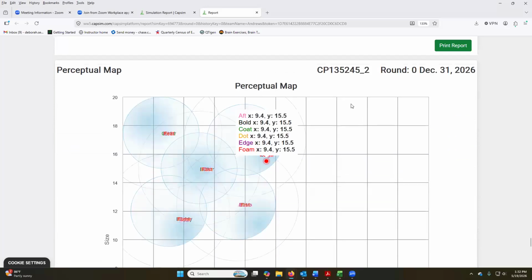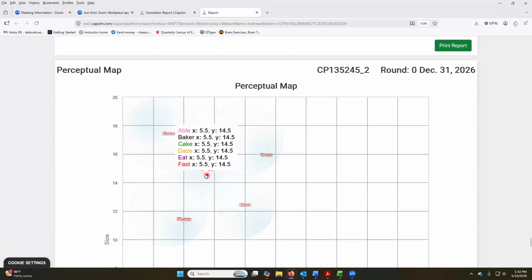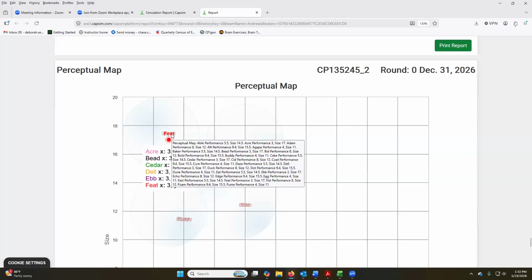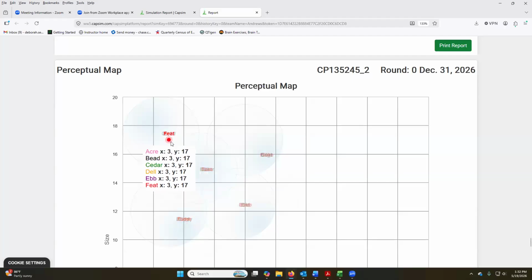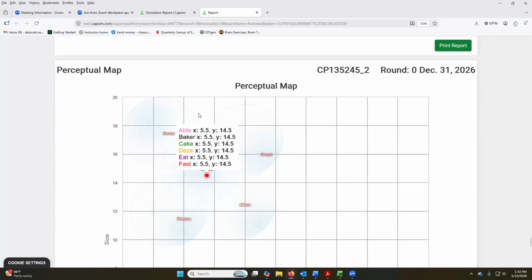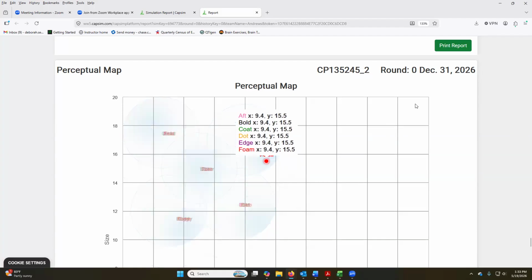So if you look down here a little bit further, that's what we're talking about here. This product, Acre, mostly sold to the low end, but if you notice, that Acre product is within the light gray line of the traditional product. So a handful of traditional customers bought that product.